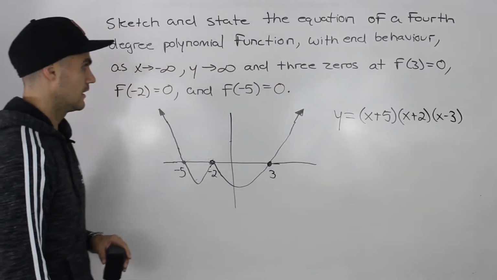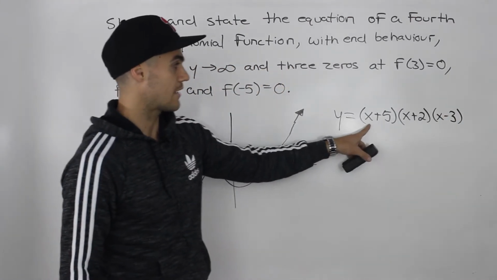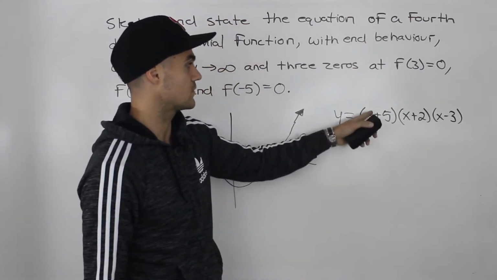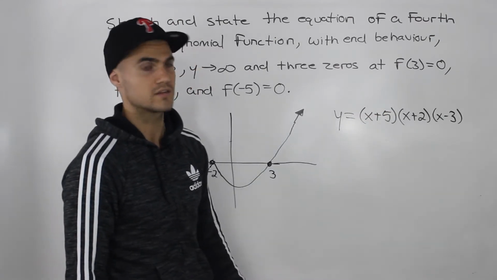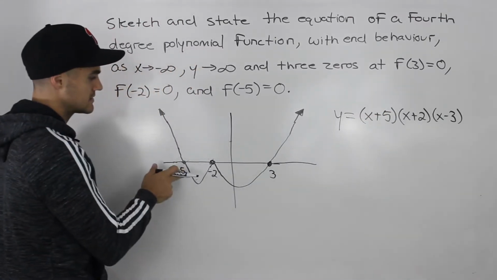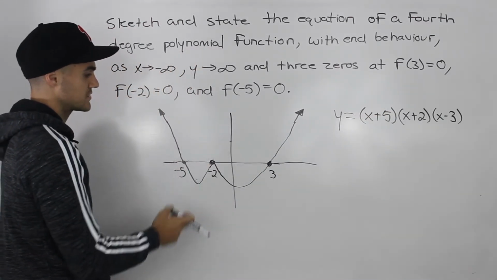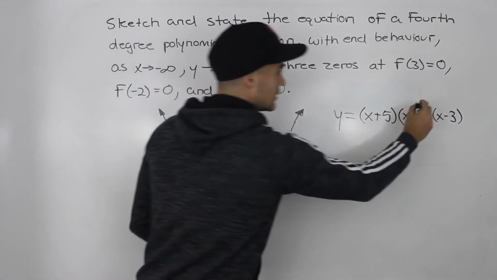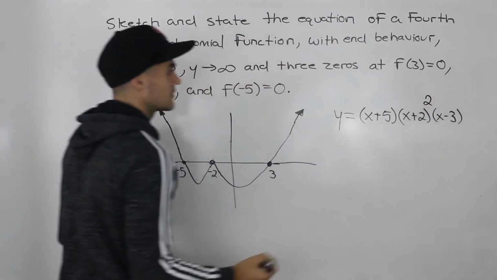And again, notice how this here has a degree of 3. We need it to have a degree of 4, so we have to add a square on one of these factors. And it depends on which x-intercept we bounced it off. So in this diagram, we bounced it off the -2 x-intercept, so this x plus 2 will be squared.